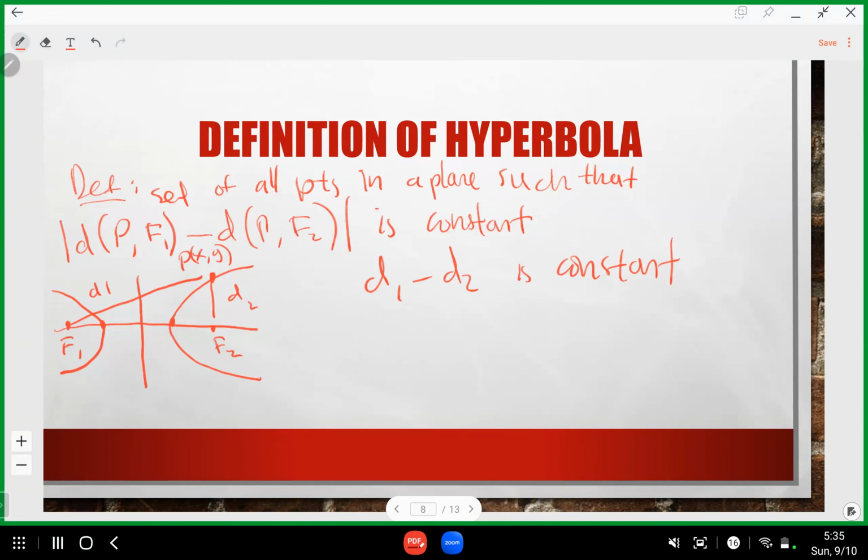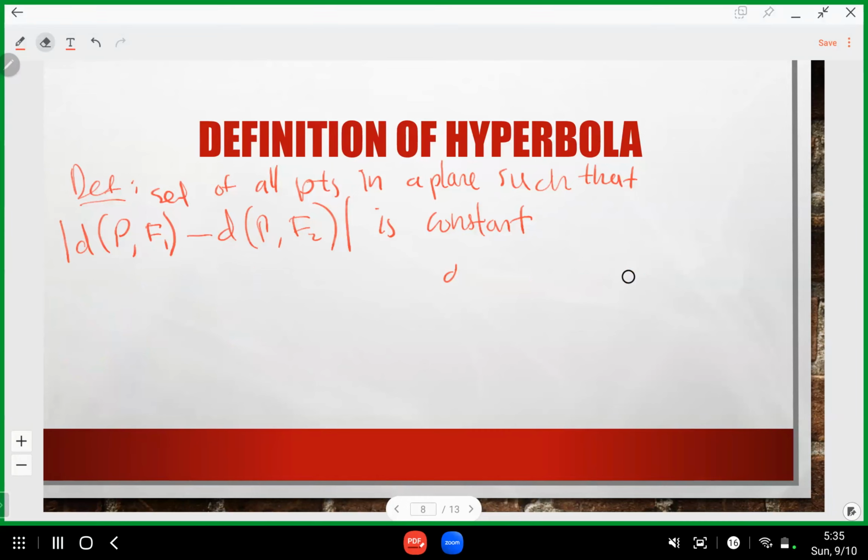So now that we know what a hyperbola looks like, let's go over the values that make up this hyperbola, and it's actually very similar to an ellipse. So let me just erase this real quick, make up some space. There are actually two ways that a hyperbola can be constructed. One way is that the hyperbola opens left and right.